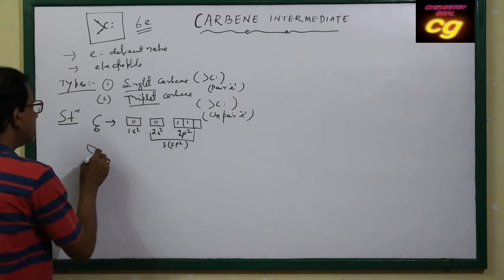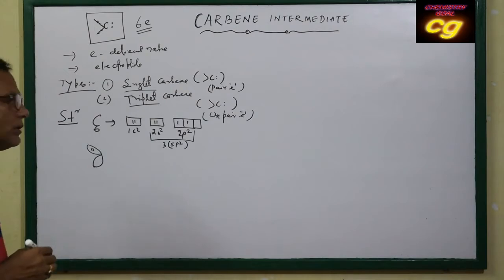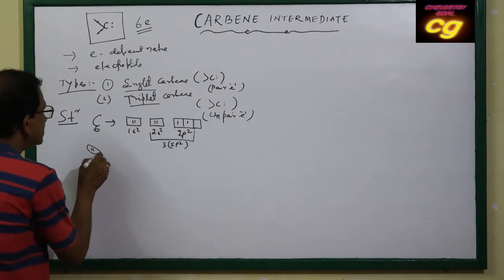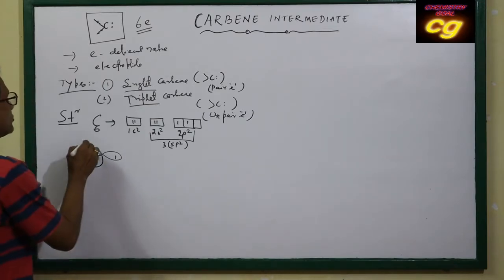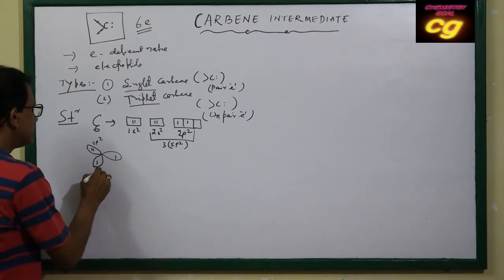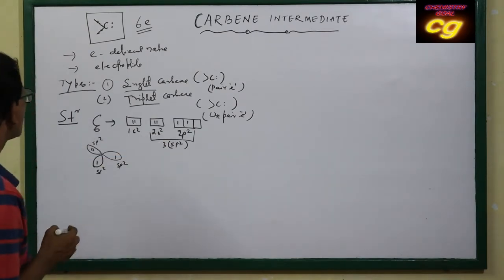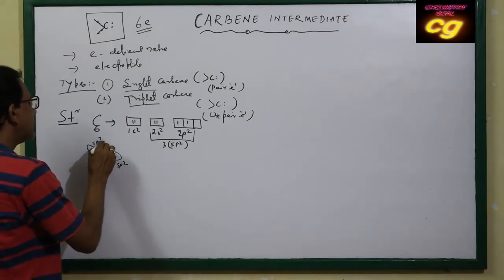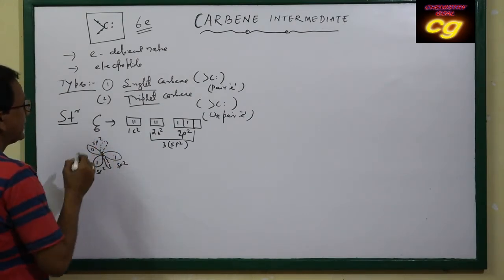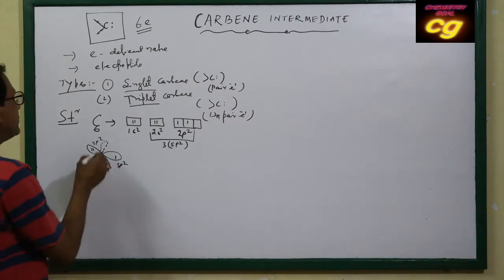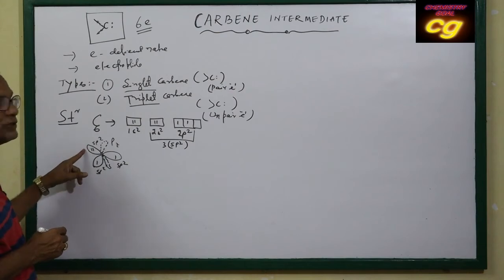One of them has 2 electrons, and the others have 1 electron each. This is sp2, this is sp2, this is sp2, and one orbital of carbon remains vacant. This is the vacant orbital, let it be the pz orbital.